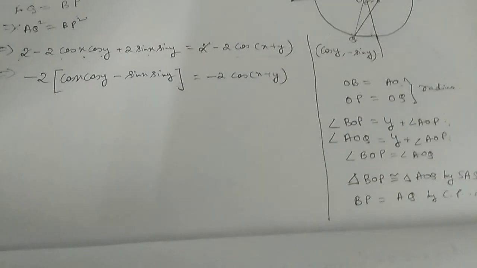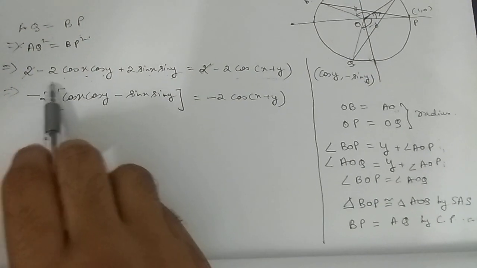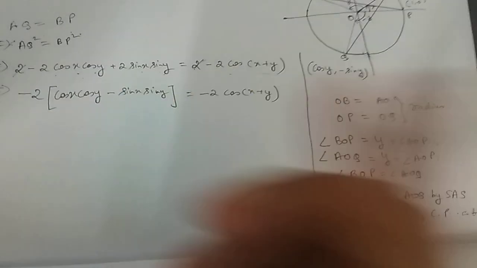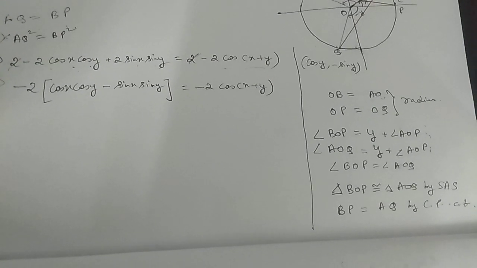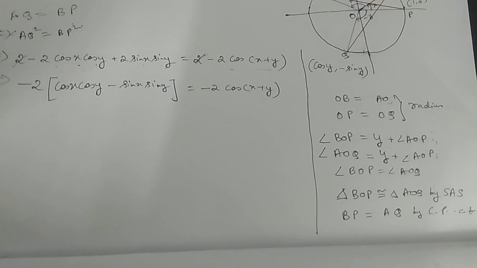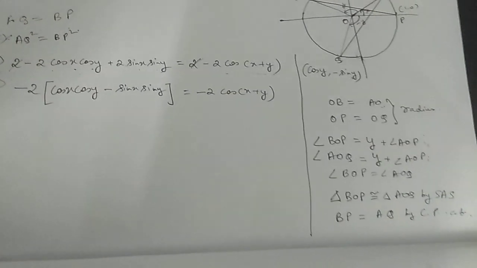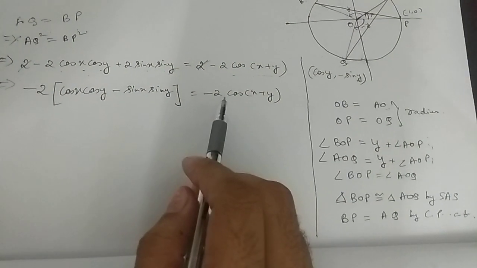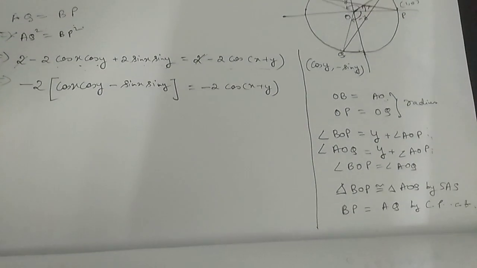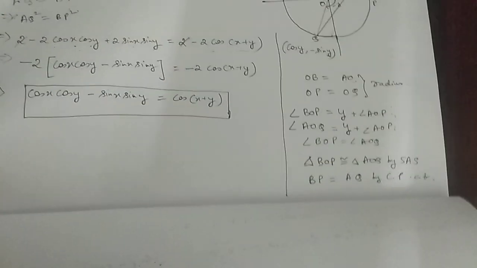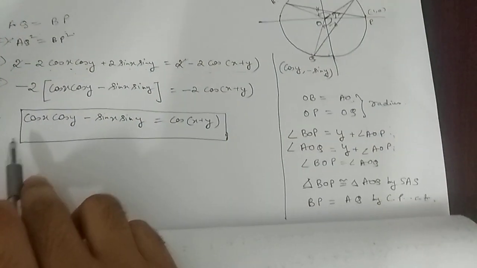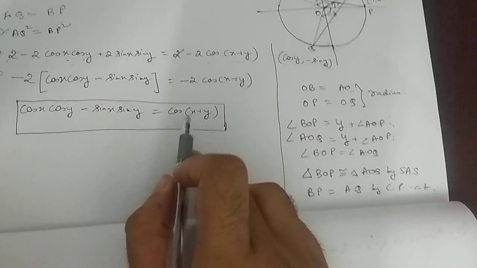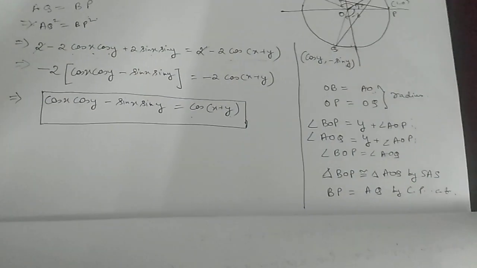Finally, if we take minus 2 common here, then we shall be left with cos x cos y minus sin x sin y, and here minus 2 times cos of x plus y. Thus if we cancel minus 2 on both sides, then we shall be left with the result cos x cos y minus sin x sin y is equal to cos of x plus y.